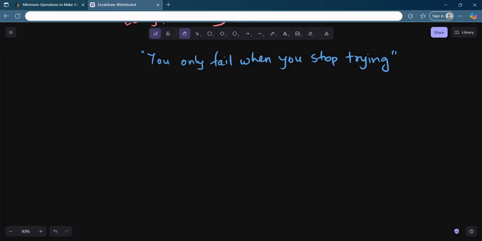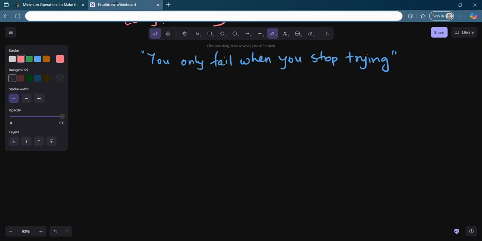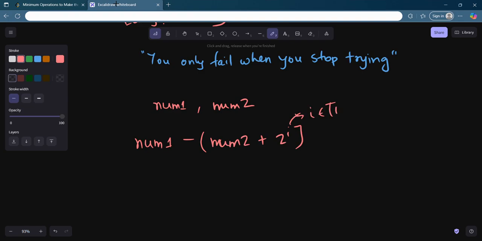So what you are told is that you are given only two numbers, num1 and num2. What you can do in each operation is that you need to reduce this num1 to 0, and in each operation you can take something like this: num2 plus 2 to the power I, and this I can range from 0 to 60.